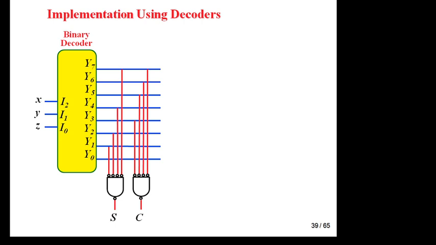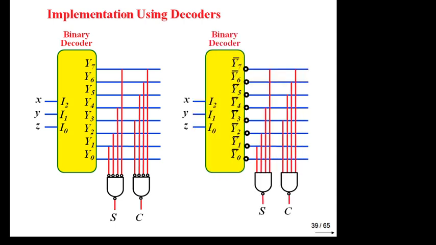And suppose you have to implement any circuit by using active low decoder. Now you are using active low decoder. In that case you have to always use NAND gate. Why am I telling you NAND gate?